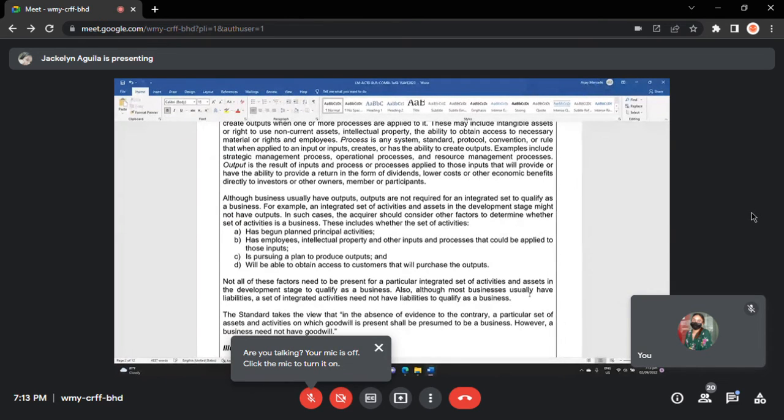This includes whether the set of activities: A. Has begun planned principal activities. B. Has employees, intellectual property and other inputs and processes that could be applied to those inputs. C. Is pursuing a plan to produce outputs. And D. Will be able to obtain access to customers that will purchase the outputs.